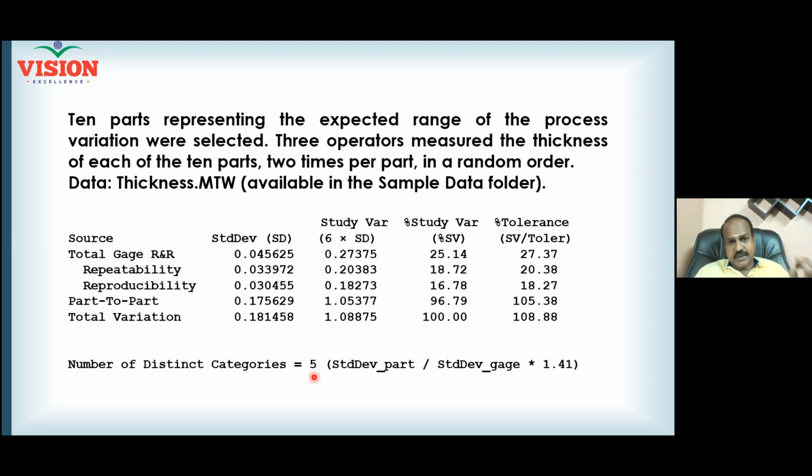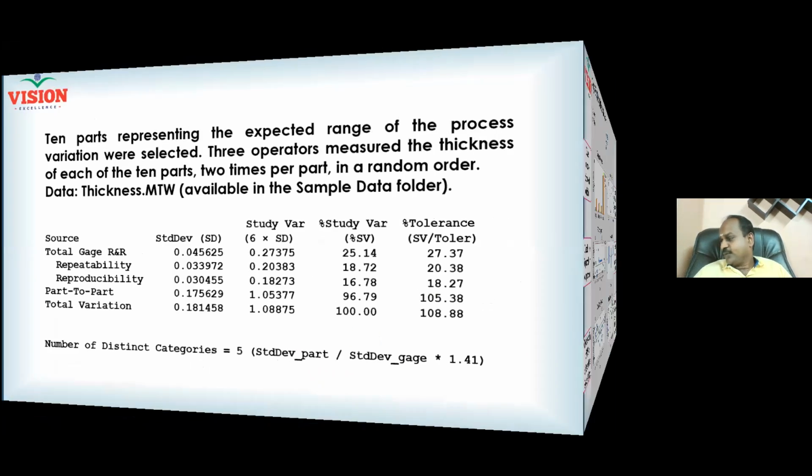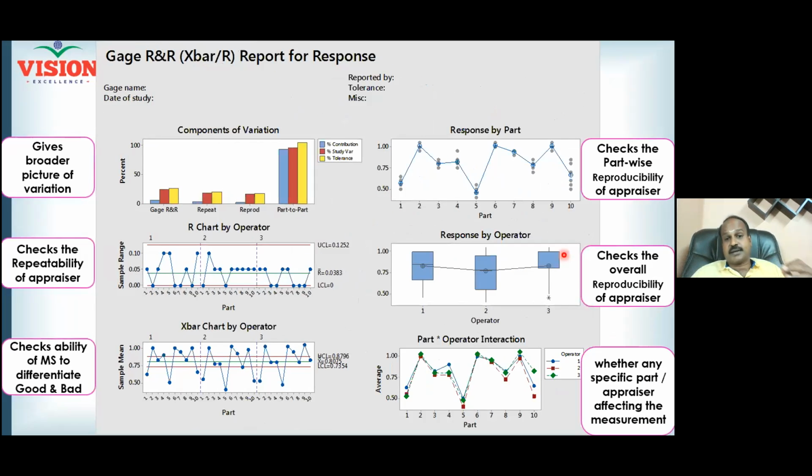If you have an NDC of 5 and above, your system is adequate. If you have a gauge R&R of less than 10%, your measurement system is capable. If you have a problem with adequacy or capability, with the same data we can generate 6 types of graph with which we can clearly understand the root of the problem. And then we will be able to correct the measurement system also.